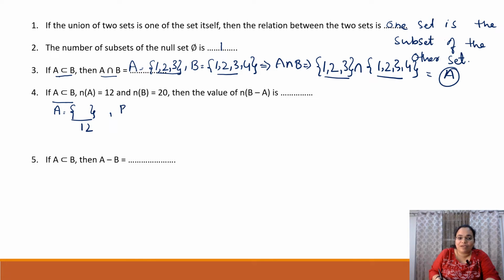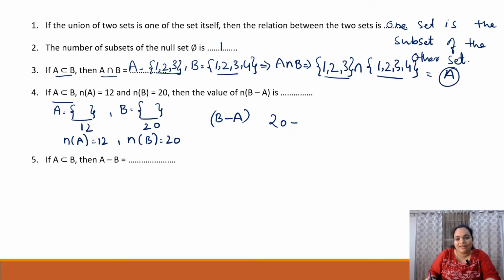In the same way, set B has 20 elements. Now we need to find B minus A. So B minus A is 20 elements minus 12 elements. 20 minus 12 is 8. Correct. That will be your answer.